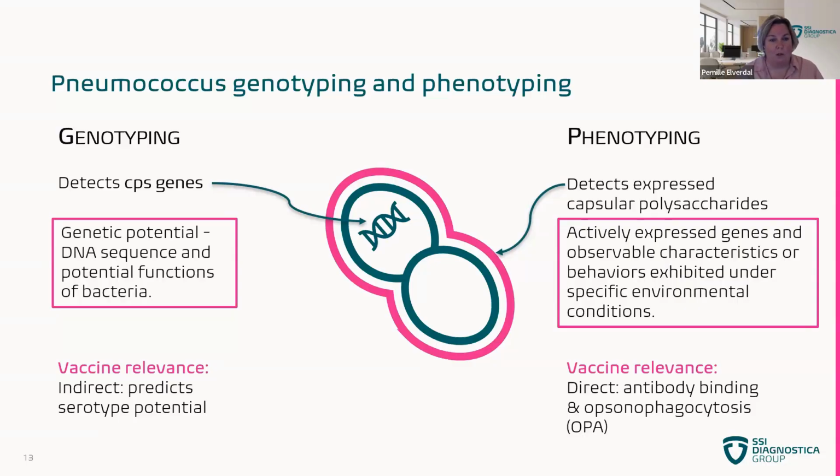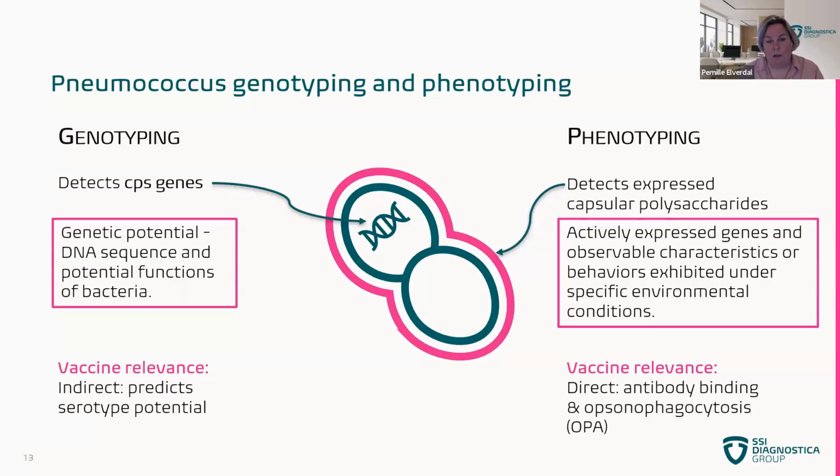So everything is what you have in your genes, and the vaccine relevance for that is indirect, as it can predict serotype potential. But the phenotypic method shows the actively expressed genes and the observed characteristics and behavior exhibited under specific environmental conditions.